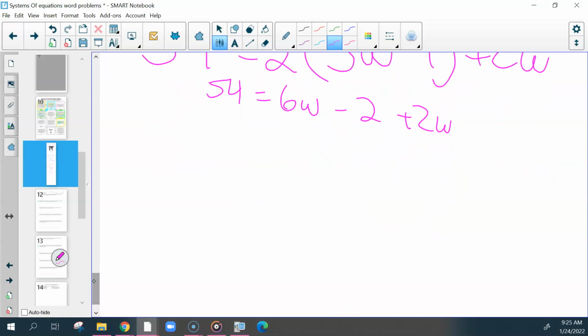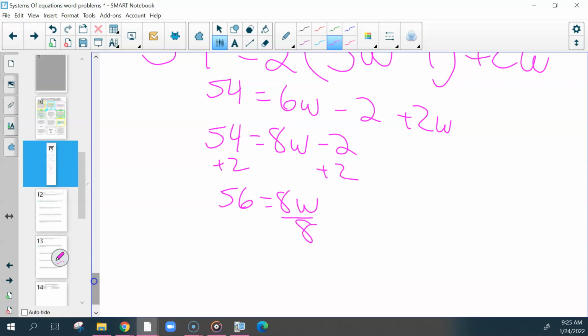Combine your like terms so that you're adding 6 and 2. You get 8. Add 2 on both sides. And divide both sides by 8. W equals 7.